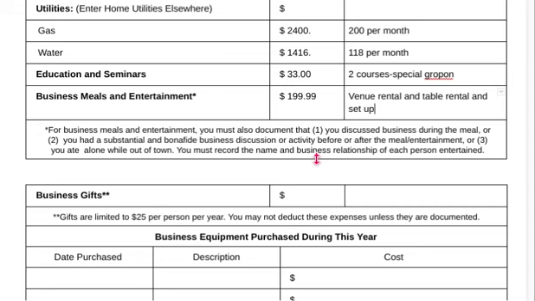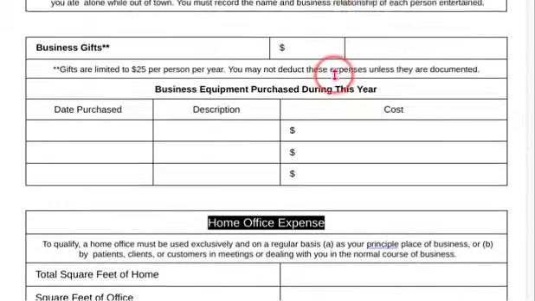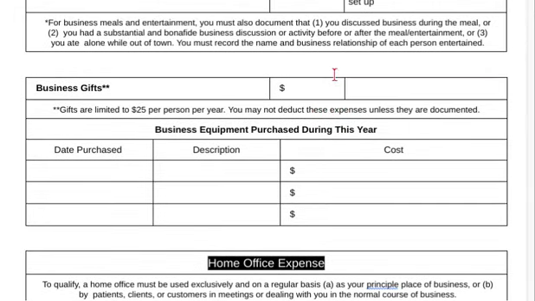Alright. Now, moving forward to business gifts. Gifts are limited to $25 per person per year. You may not deduct these expenses unless they are documented. So you want to document all business gifts, and then definitely put the name and the amount of the business gifts.